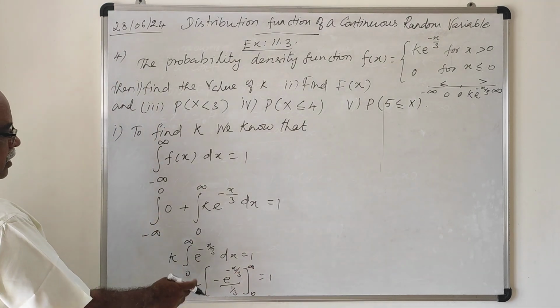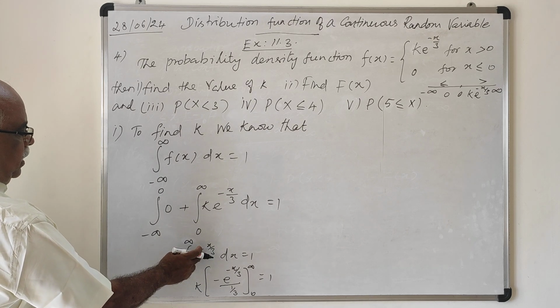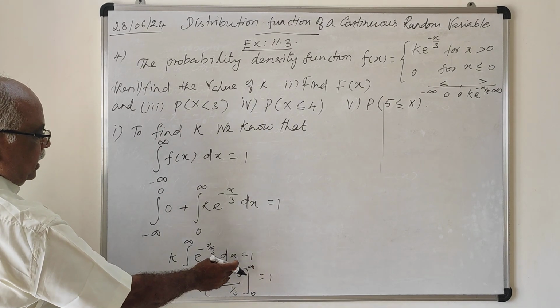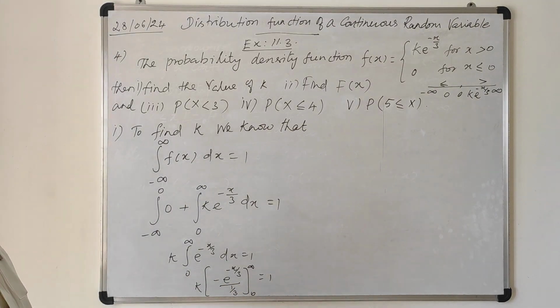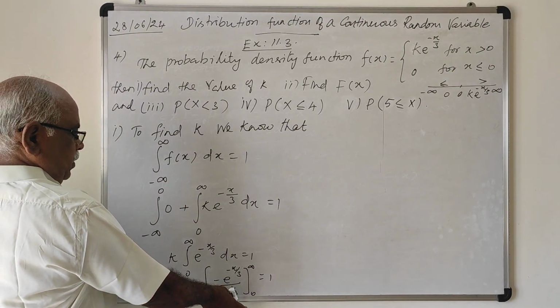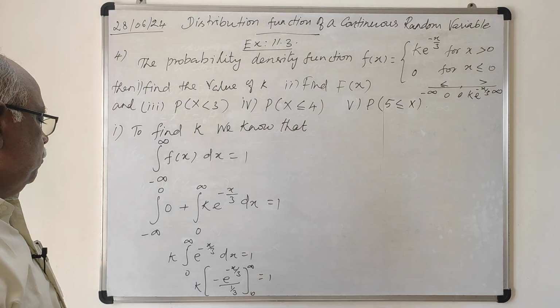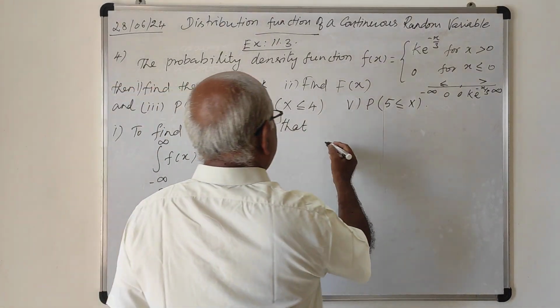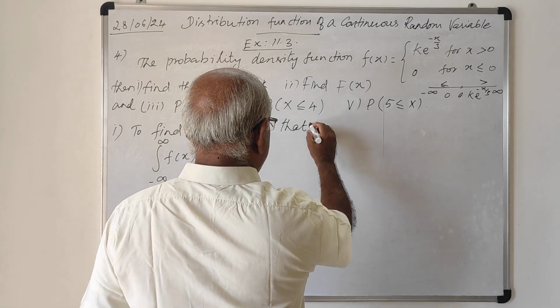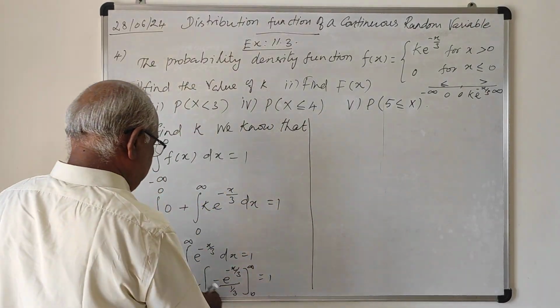The integral of e power minus x by 3 gives the constant 1 by 3 in the denominator, so taking this 3 out we get 3k.